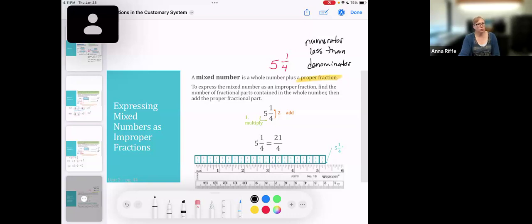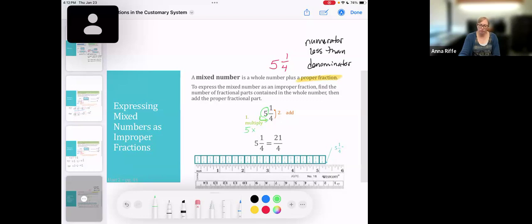If I want to take a mixed number like this and rewrite it as an improper fraction, an improper fraction would be where the numerator is larger than the bottom, as you can imagine. It's the opposite of a proper fraction. Then I can do the following process. I'm going to take this whole number part and multiply it by the denominator.